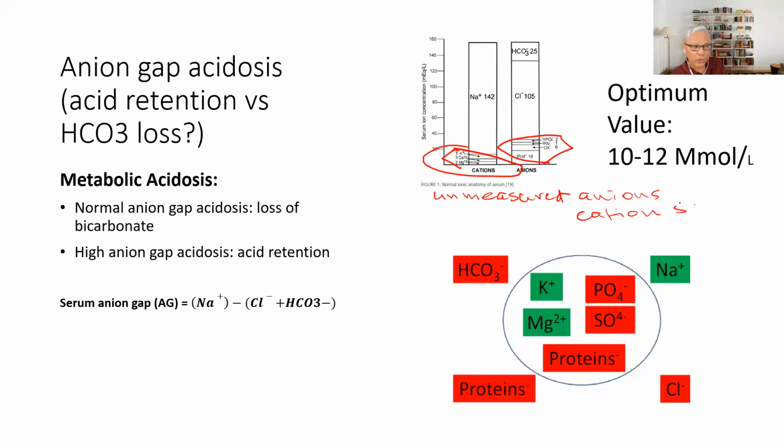So just looking at them, which one has more unmeasured ions? Is it the anions or the cations? Which one has more unmeasured anions? Is it the cations or the anions? Don't be bashful.